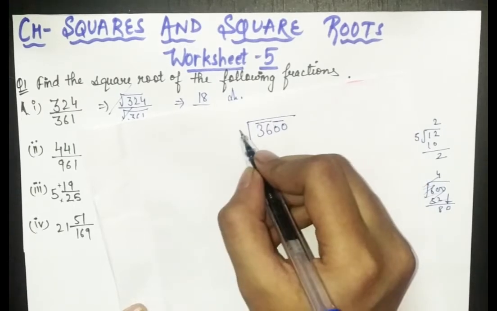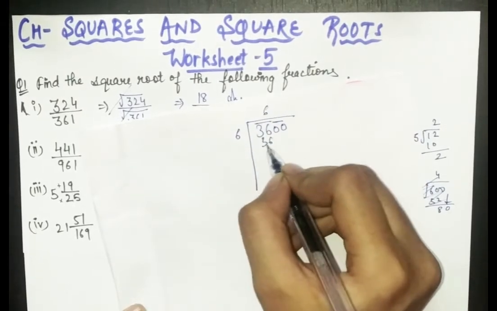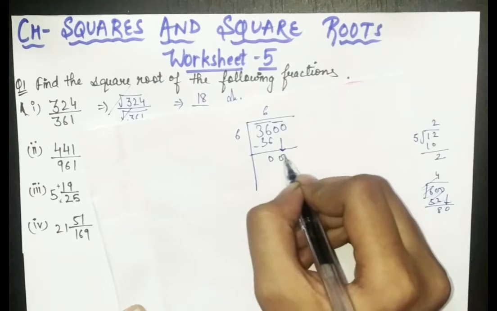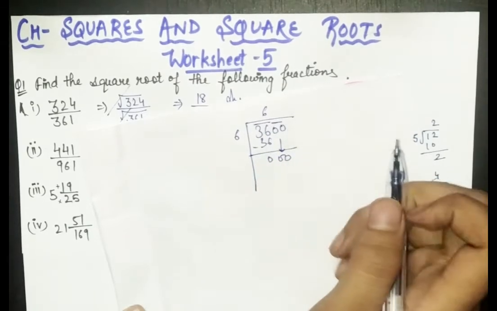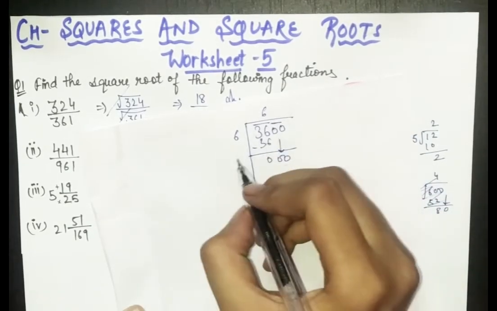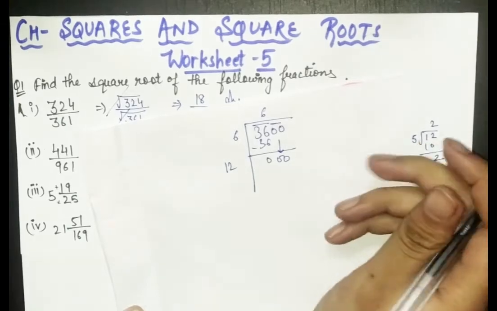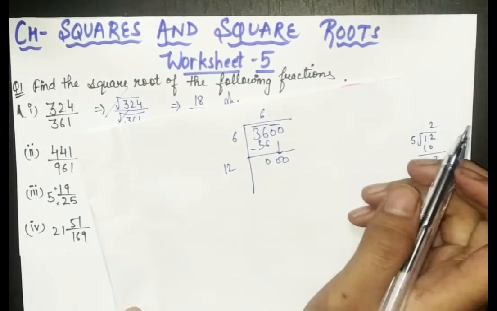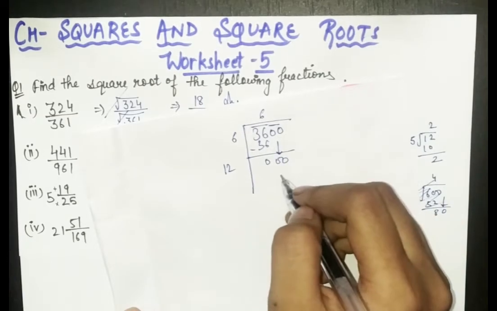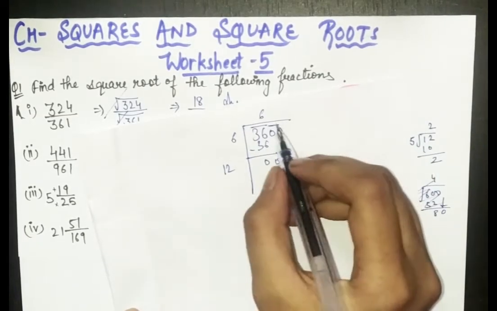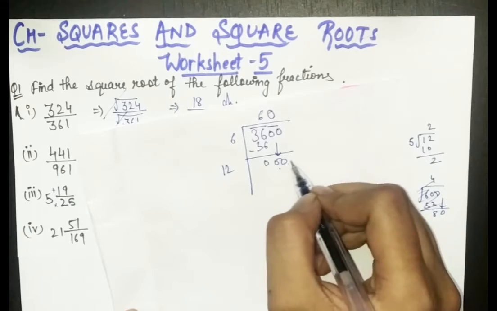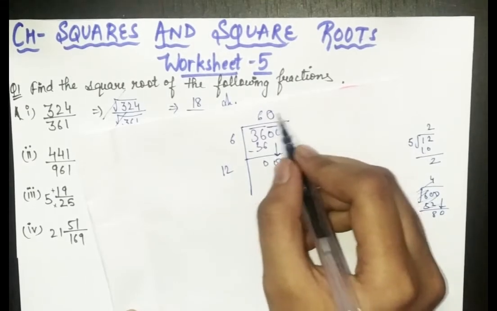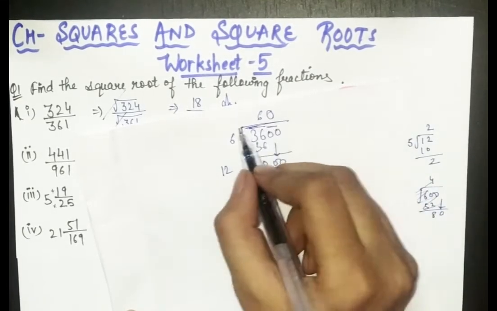You all know that 6 is the square root of 36, and here will be 0. The double of 6 is 12, so you all know 0 0 0 doesn't come in 12's table at all. So this is the completely divisible method, and you can put 1 0 here as there is pairing, so you can put 1 0 here like 60.